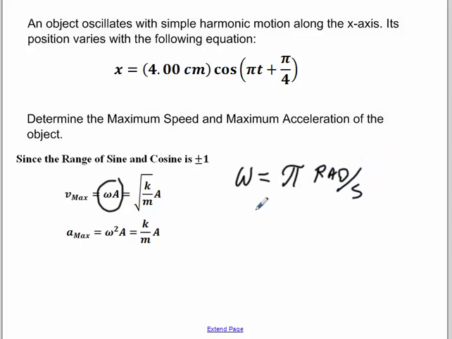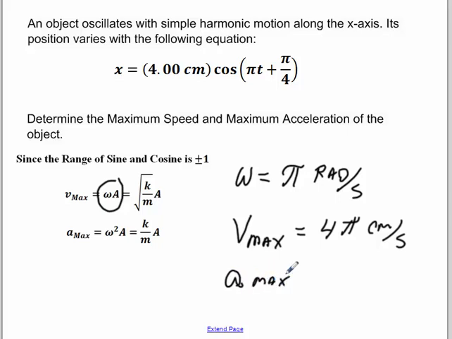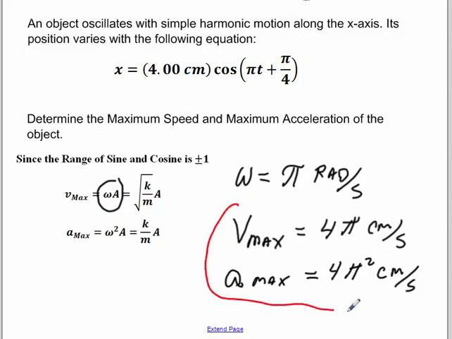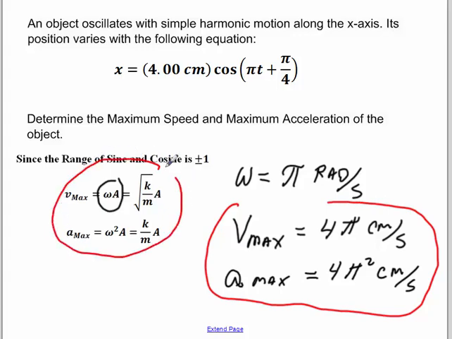We can put that back into the equation. We can find that the velocity max is going to equal 4 pi centimeters per second. And we can find out the acceleration max is going to equal 4 pi squared centimeters per second squared. Okay, very valuable equations to use to find maximum velocity and maximum acceleration.